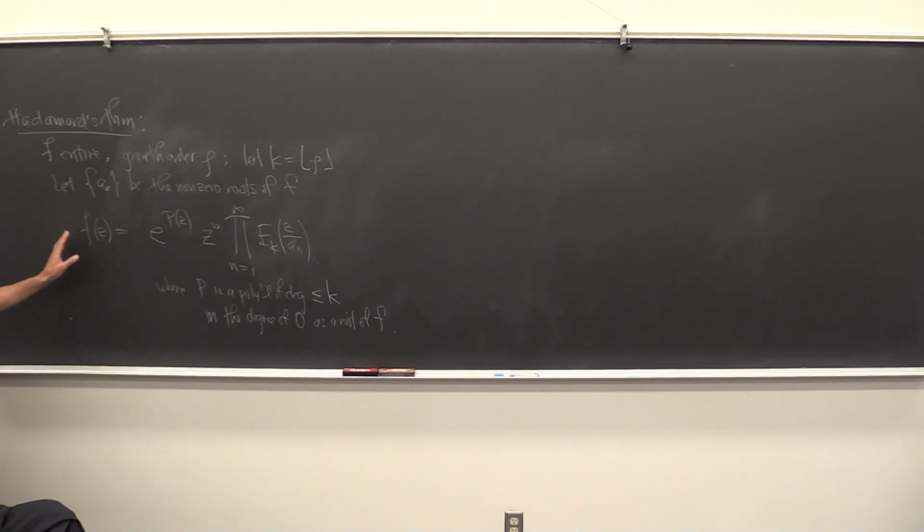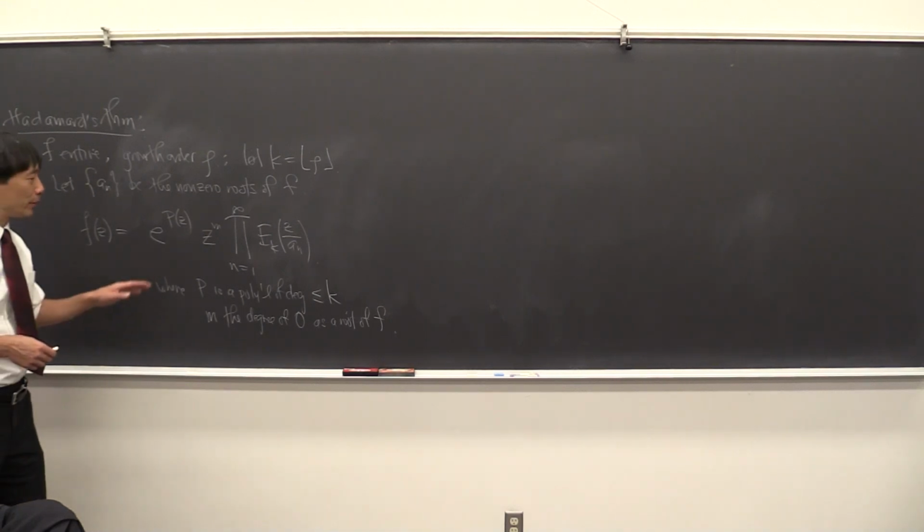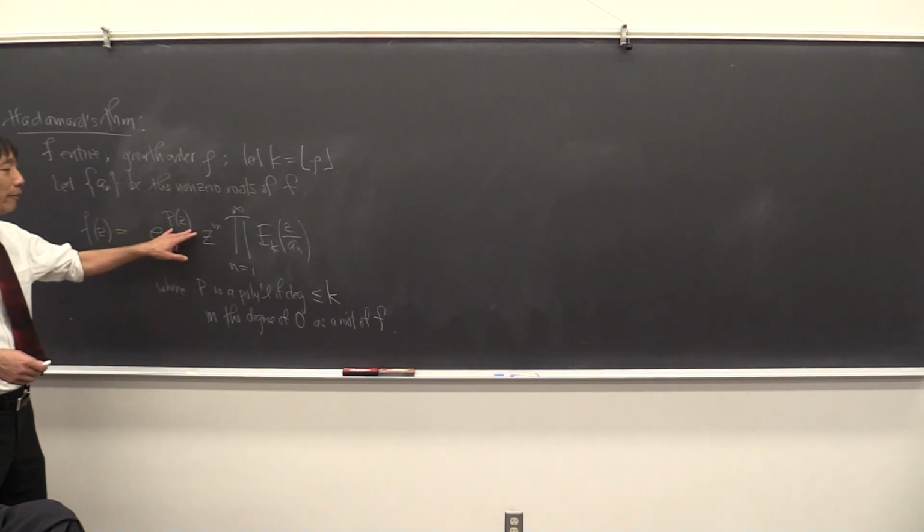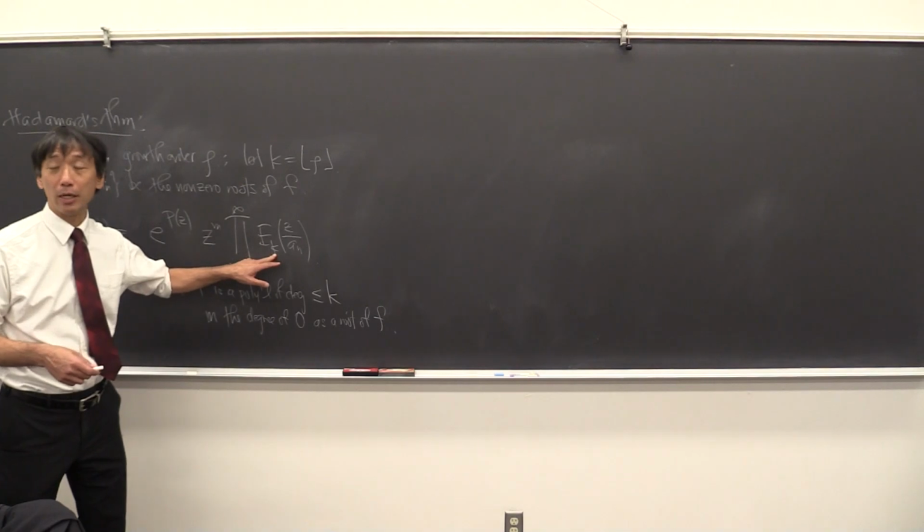Okay, so this was the statement of Hadamard's theorem. And remember what's different between this and Weierstrass's theorem is that p is going to be a polynomial and that the k is constant.